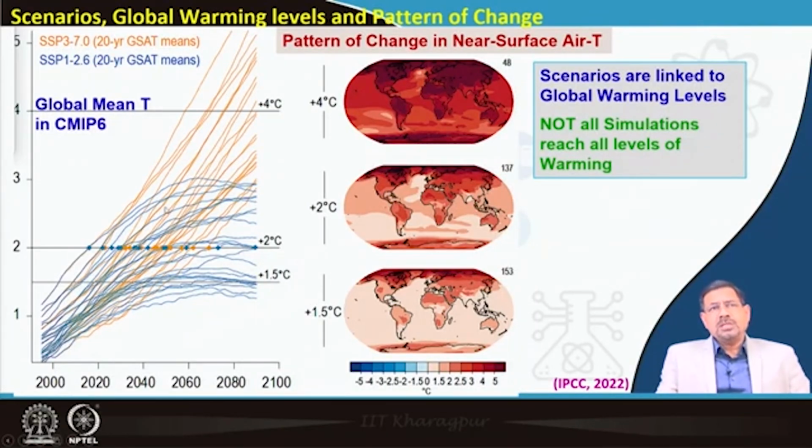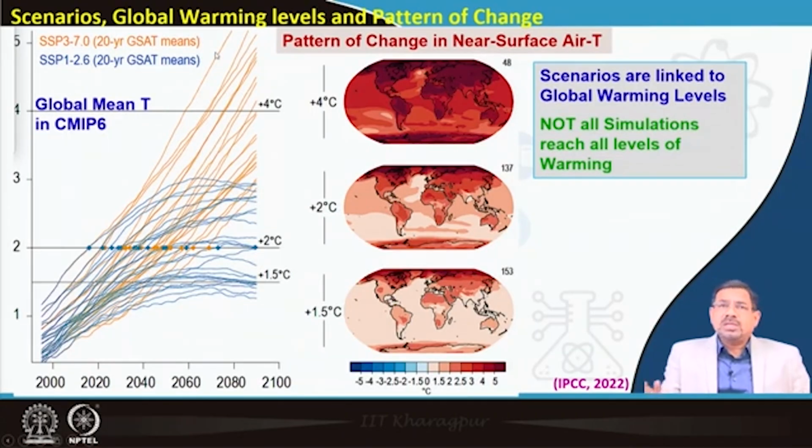All these SSP 1 curves, shown by different model runs, are below 3 degree centigrade. They are predicting a temperature rise below 3 degree centigrade by end of 2070 or about 2090 here. And if you follow the SSP 3 scenario, all of them are projecting temperature rise beyond 4 degree or up to 5 degree also.